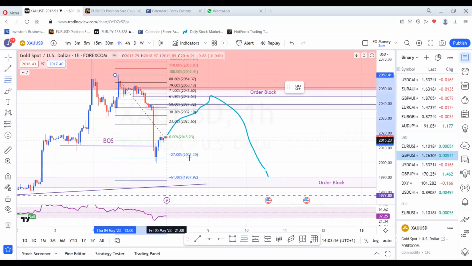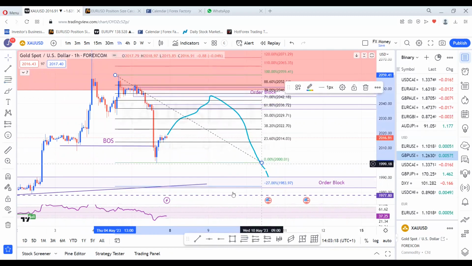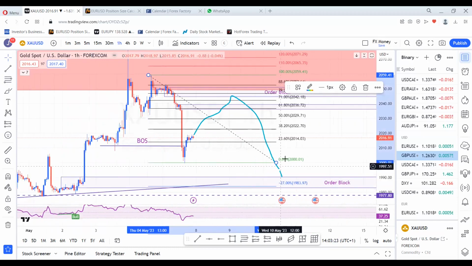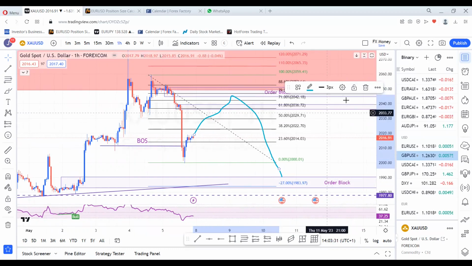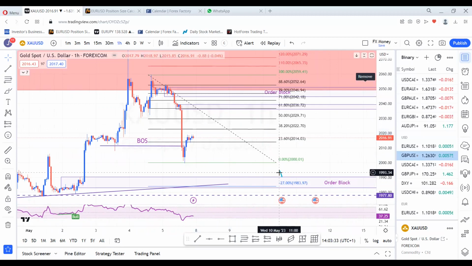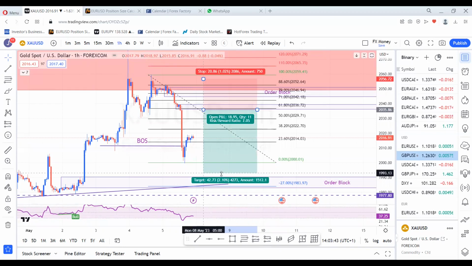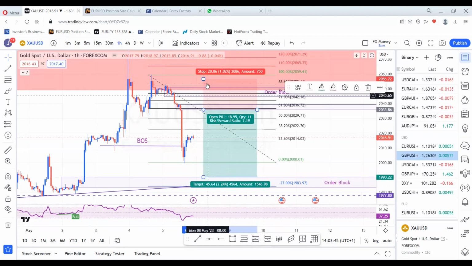So if we take Fibonacci from here to here, yeah, just about the same thing. So, which is why we have at the 61.8 level, looking to catch this move.